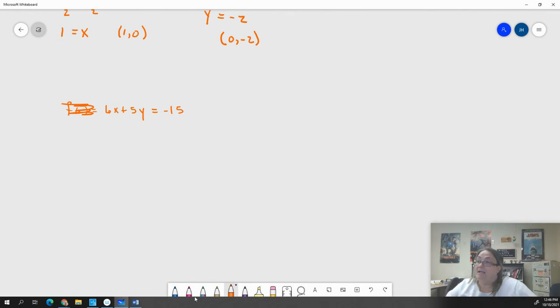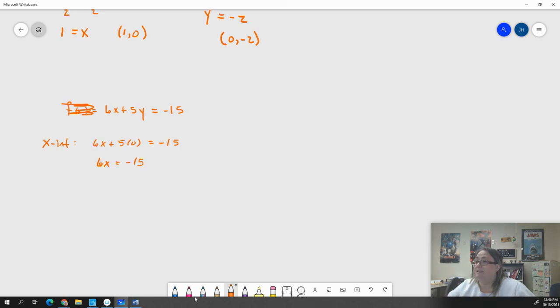If I want to find my x-intercept, I'm going to plug in 0 for y. So I've got 6x plus 5 times 0 equals negative 15, and I'm going to solve the whole thing for x. Well, 5 times 0 is just 0. So I'm left with 6x equals negative 15. Am I done?